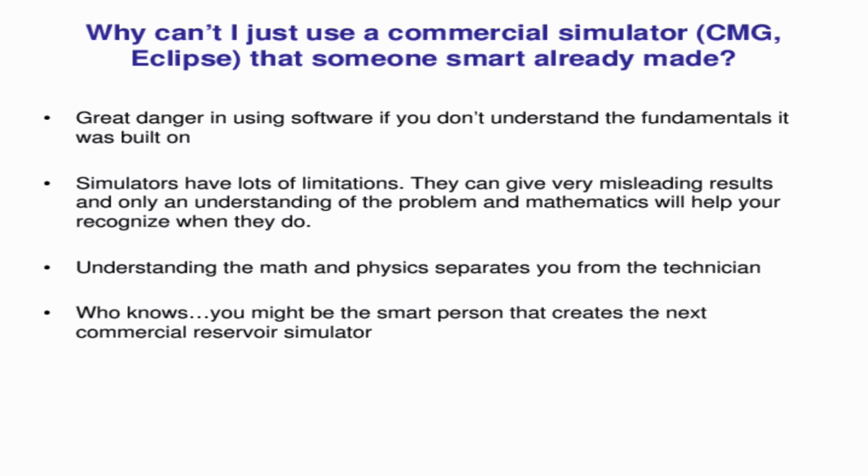And that whole idea failed miserably, because a lot of times, when you're designing algorithms and other things, it helps to know and understand the physics, and vice versa. If you know and understand the physics, sometimes you can think about an algorithm a little easier to get to a solution faster. And so, now at places like Sandia, which are still known for supercomputing, and all the national labs, it's engineers that are writing the fastest, best codes in the world, and at CMG and other companies like that, it's engineers that are really writing the bulk of these codes. So that could be you. Somebody has to do it.